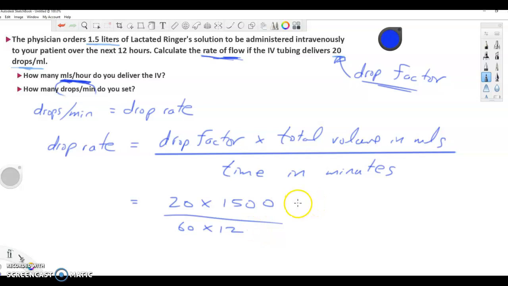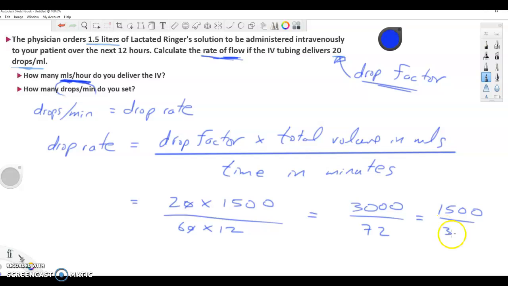So now it's just a case of breaking this down. We could divide above and below by 10, and now we've 2 times 1500, which is 3000, over 6 12s. 6 12s is 72. Again, that's divisible by 2. That's the way I like to go.